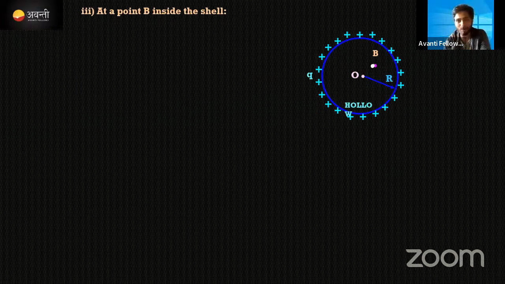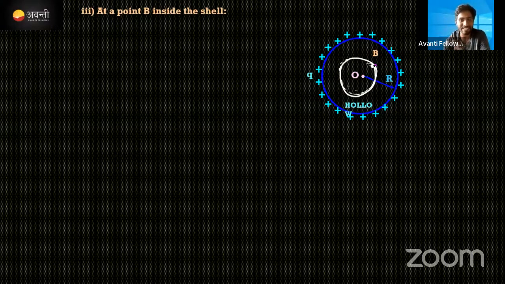To find the electric field intensity at this point, I need to draw a Gaussian surface over here. Okay, I have drawn the Gaussian surface here. Look, inside the Gaussian surface, are there any charges present? Tell me in the chat box. Is there any charge present inside the Gaussian surface?